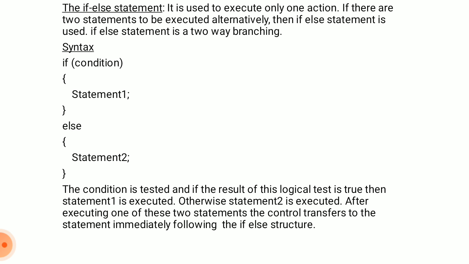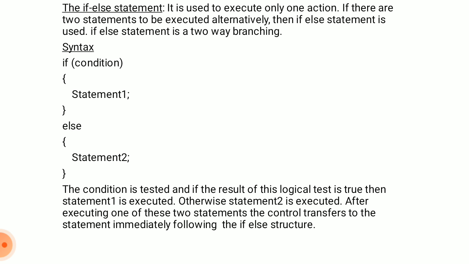If the condition is false, then it will not execute statement 1, and control transfers to the else part. In the else part we display statement 2, meaning either this or that. If it is true, one statement will be displayed. If it is false, the alternative statement will be displayed.